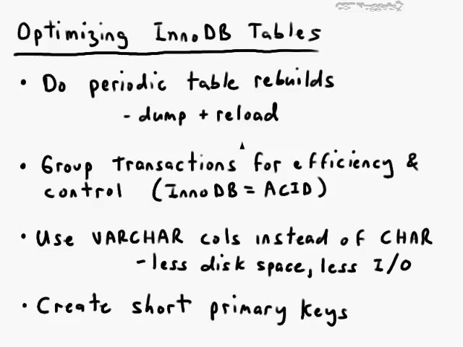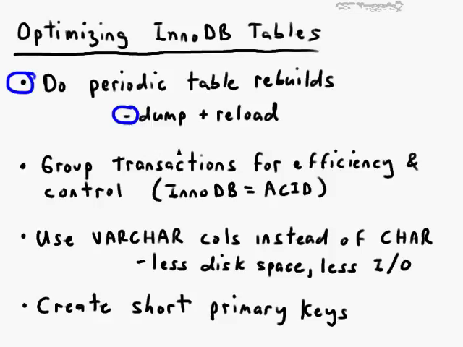The other side of the coin is the InnoDB storage engine. Let's take a look at some quick summary suggestions for optimizing InnoDB. One somewhat surprising suggestion, at least it may be surprising, is to do periodic table rebuilds, literally to dump and reload InnoDB tables.